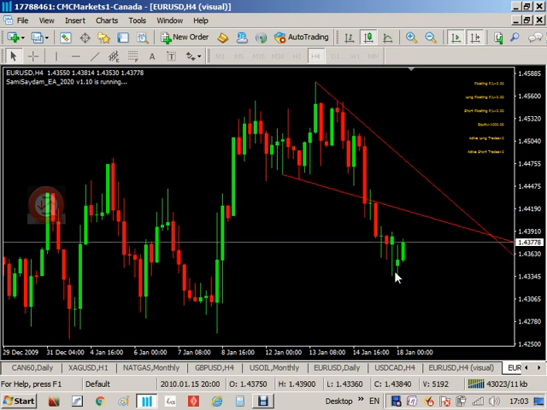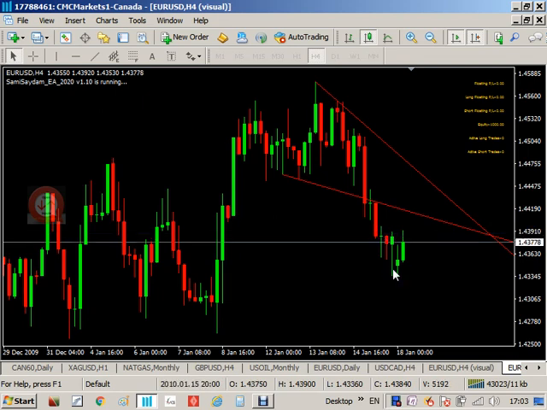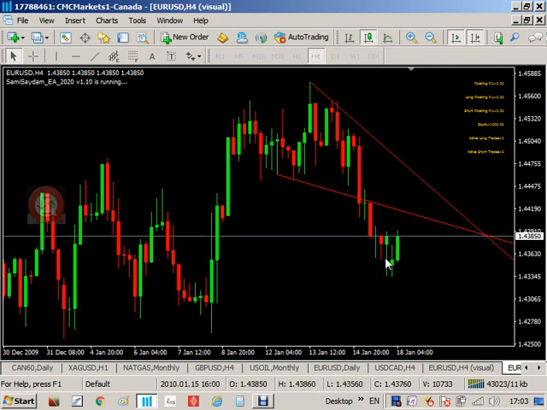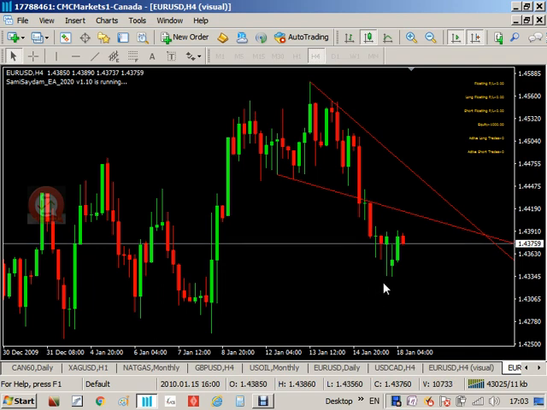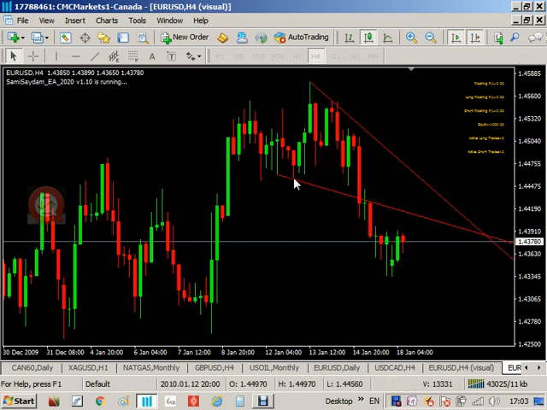So we made some money here, and this is 4 hours, so it is big money. Now we're still short as long as it is below the support.